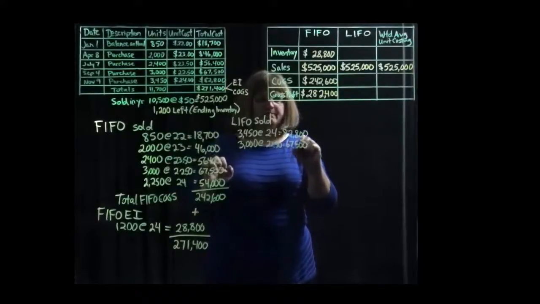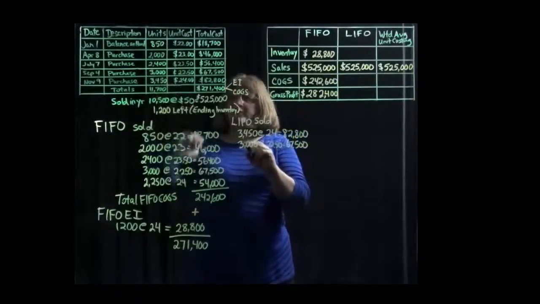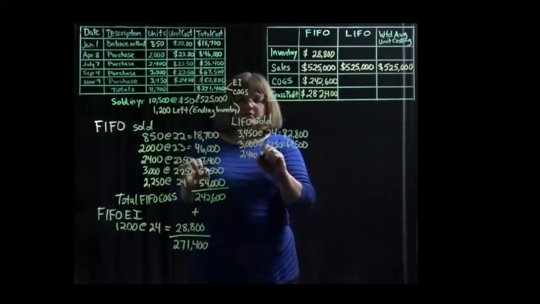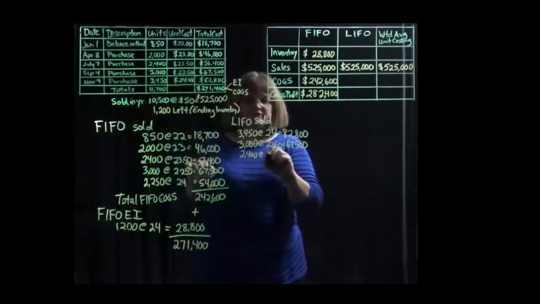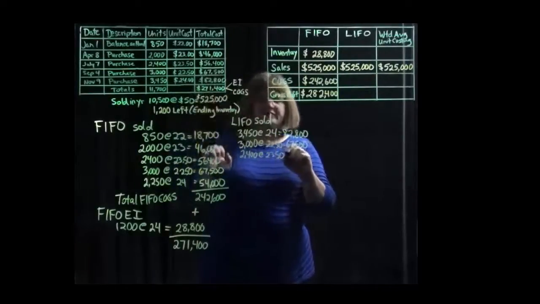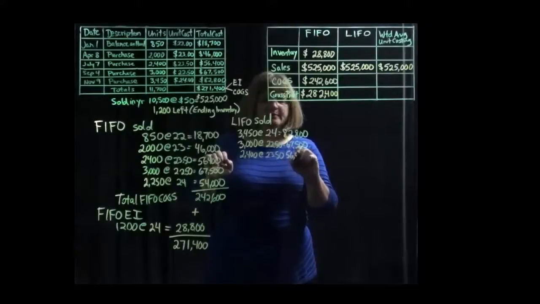We're also going to assume that we sold all 2,400 that we paid $23.50 for. So they cost us a total of $56,400.